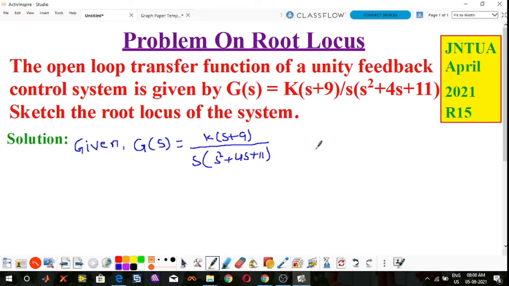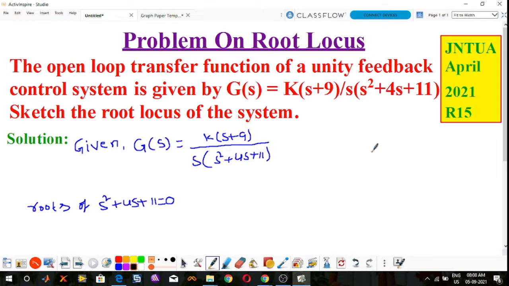So one pole is at s = 0, and s² + 4s + 11 = 0 is the characteristic equation.